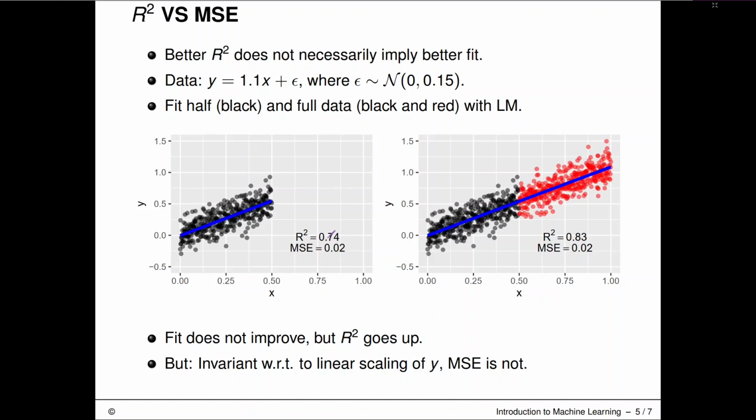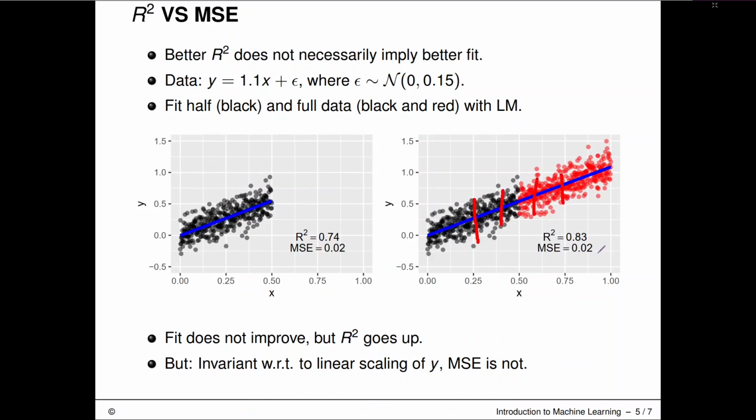Now in the next simulation, I'm simply going to extend the range of my x to go from 0 to 1. You can see that the fit of my model visually hasn't improved at all. It's of the same quality as before. I have the same variation of my data points for each position in x.